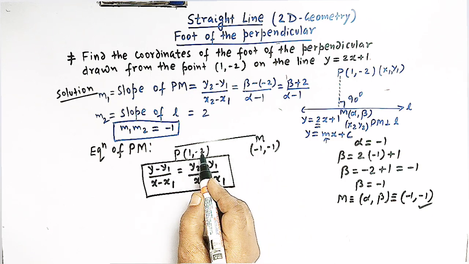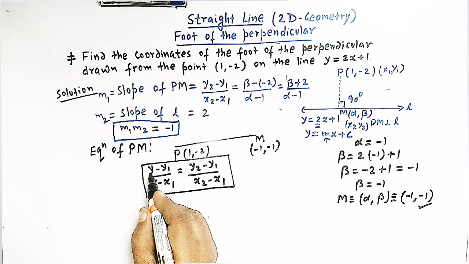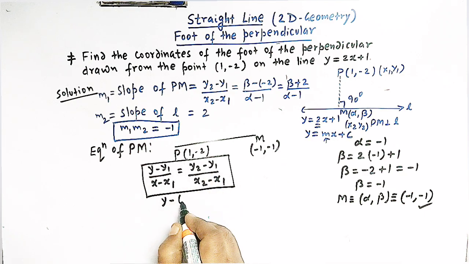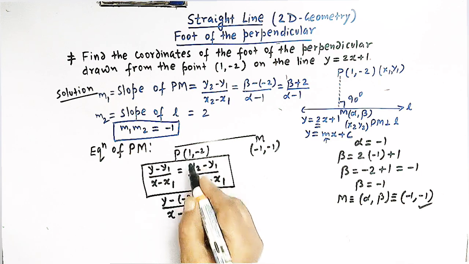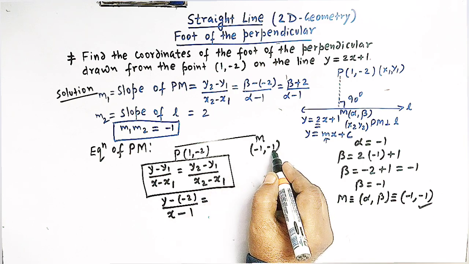So this point may be taken as x1 y1, and this point may be taken as x2 y2. So we can now write y minus y1. Y1 is minus 2, and here we have x minus x1. So x1 is 1, and y2 minus y1. So this is y2.